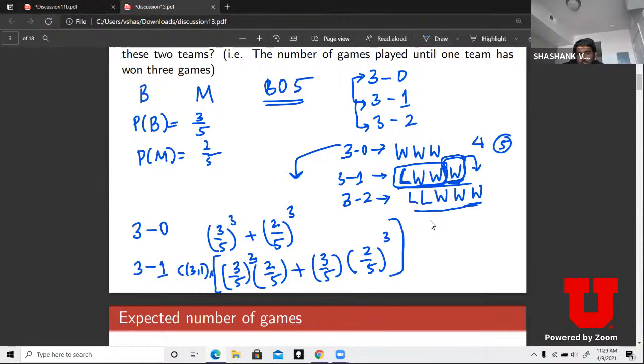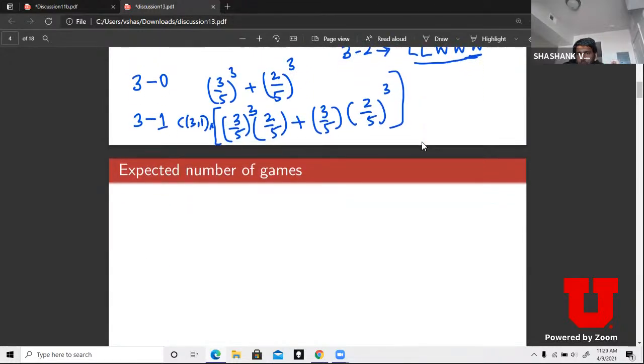I'll just move on to the next line in order to explain. So the next one will be 3-2. That would be LLWW, and the last game must be W in order for it to end on a 5-game series. So what would be the number of arrangements?